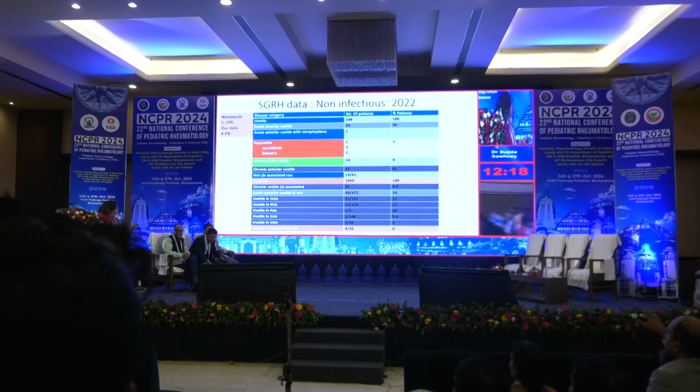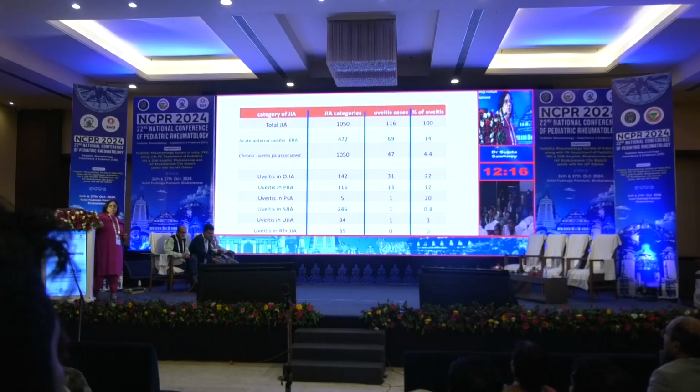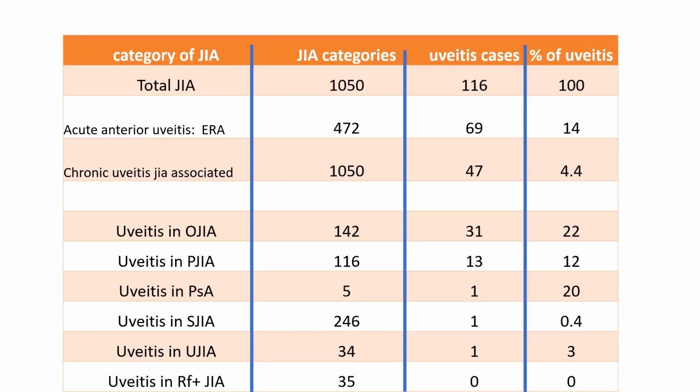When we look at the data from the older studies in India, we learned that uveitis in the context of juvenile arthritis did not occur. We looked at our own data in 2022. We were following 148 children with uveitis, of which a substantial portion were children with juvenile idiopathic arthritis. In 2022, we were following more than 1,000 children with juvenile arthritis, and our incidence of uveitis is 4.4%.